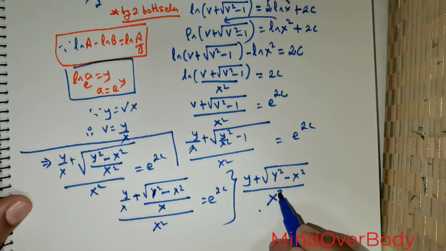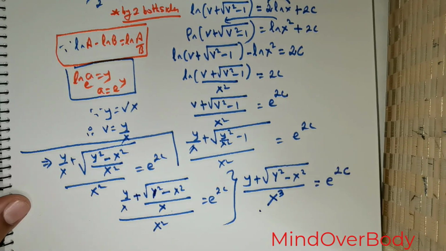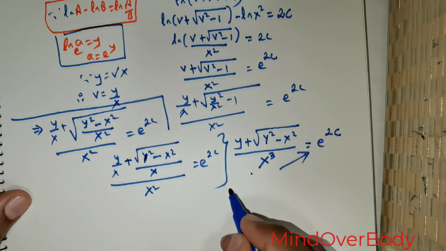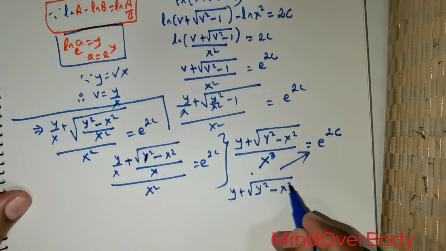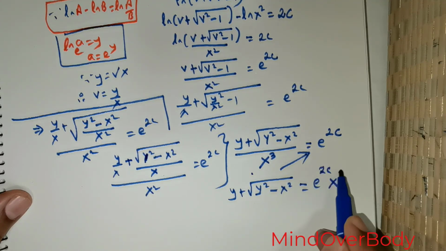I can flip it, so this is going to be x³. This is e raised to the power of 2 times c. I can cross multiply this and write this as y + root of y² − x² is equal to e raised to the power of 2 times c times x³.